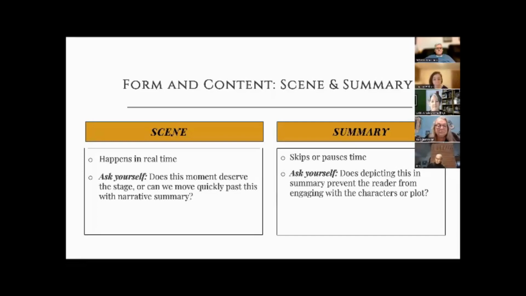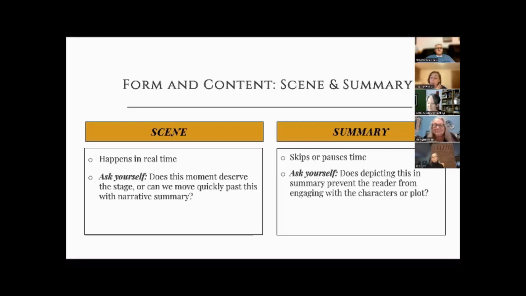If it feels like it's taking forever for things to happen in your manuscript, then you might not be making enough use of narrative summary. You might be falling into the trap of describing absolutely everything and every transition, the person leaving their house and walking to the car and getting in the car and turning on the car and putting it in reverse. And that kind of detail isn't necessary.